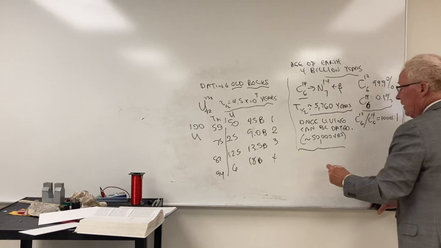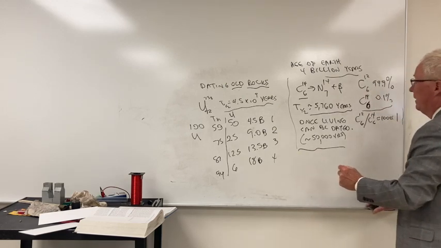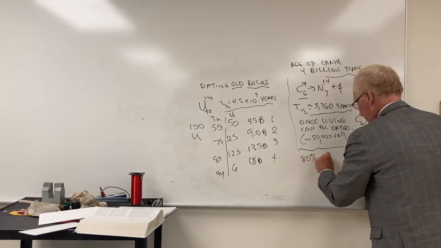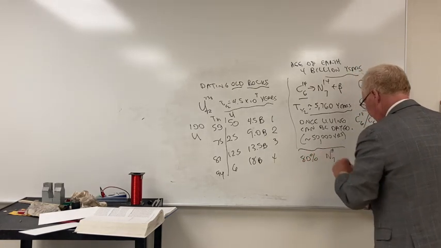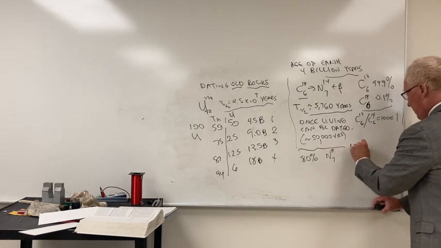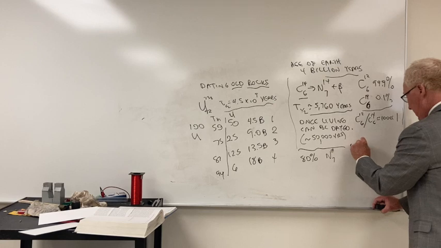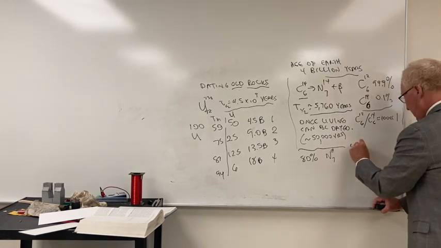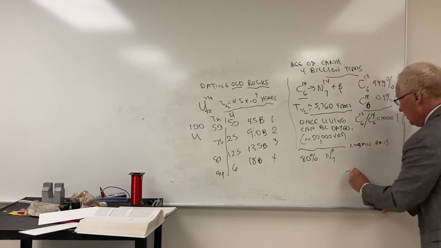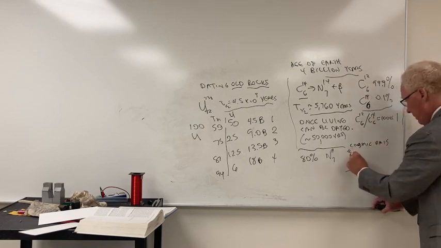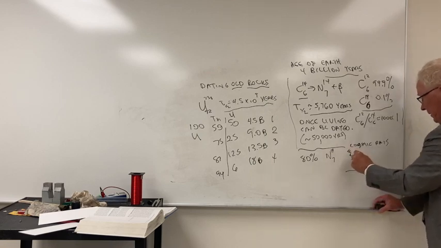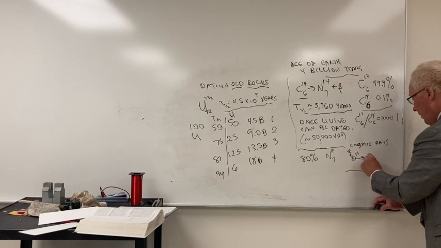But it turns out in the atmosphere, the atmosphere is 80% nitrogen. Now, we talked about cosmic rays. Cosmic rays, gamma rays, big particles, coming into the atmosphere will hit a nitrogen atom and turn that into carbon.